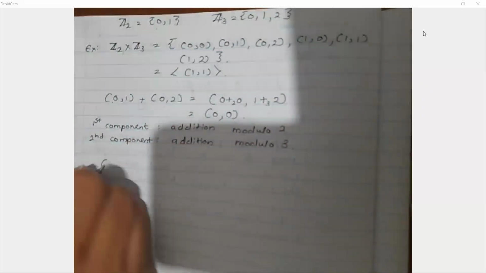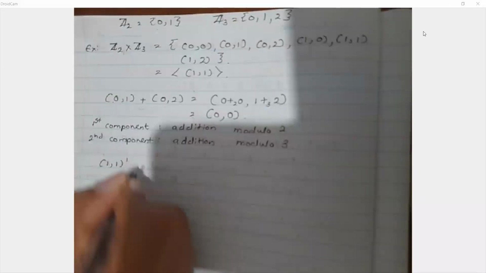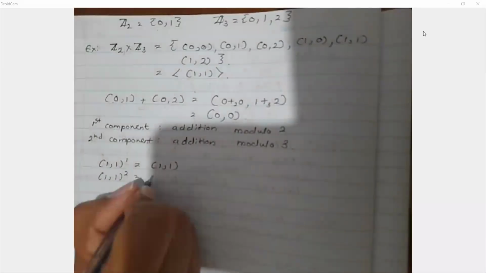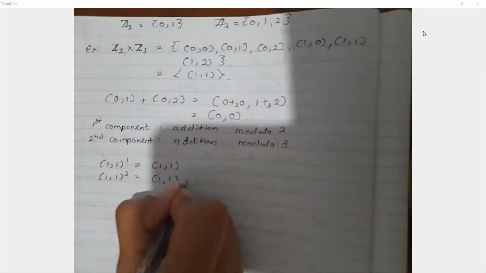Let's see, 1, 1 raised to the power of 1 is simply 1, 1. Then we have 1, 1 raised to the power of 2, which is simply the element added to itself again. In other words, we can write this as 2 times 1, 1. I will stick to this notation instead of the power notation.